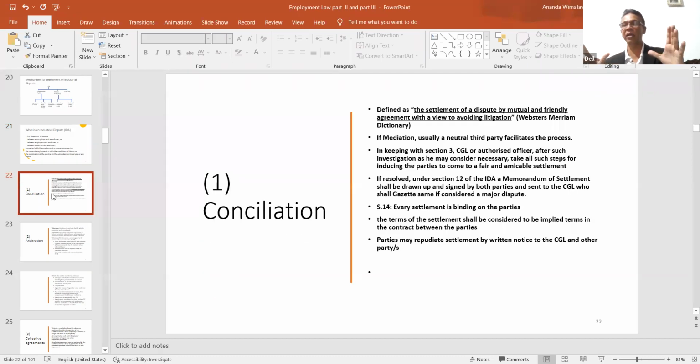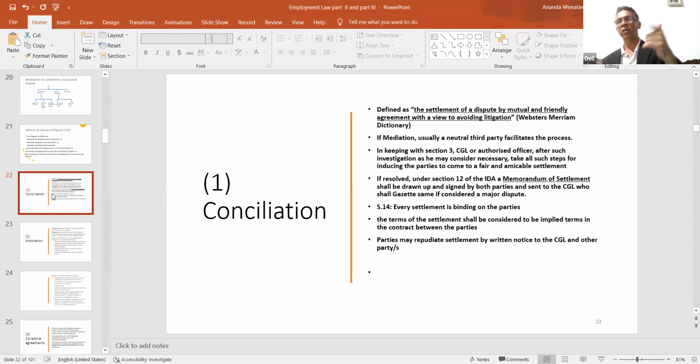So what is the mechanism that we have to settle such industrial dispute? We have very clear provision in the Industrial Dispute Act. Number 1, if there is an agreement between employers and the workers, I mean the trade union, and if such agreement stipulates any provision how to settle industrial dispute, then Labor Department must follow that process and ask them to come to an amicable solution.